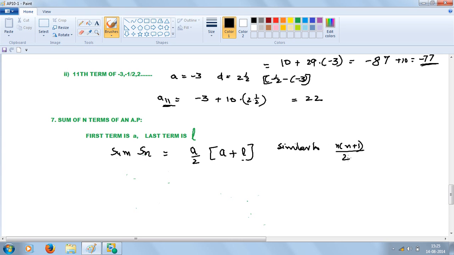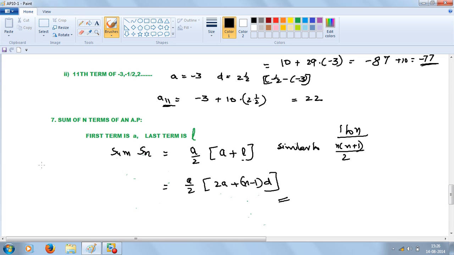Actually, the expanded form is n by 2 multiplied by 2A plus n minus 1 into D. L is equal to A plus n minus 1 multiplied by D. So this is the main formula.